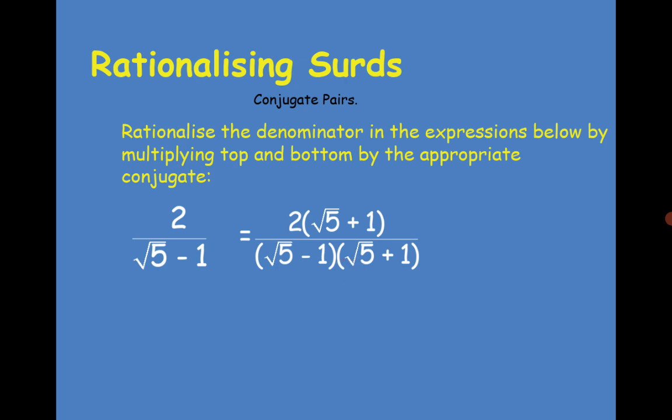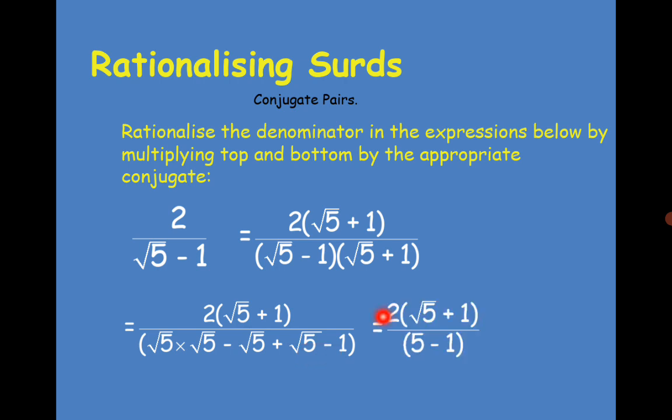So in this case, we shall have something like this. Notice that minus root 5 plus root 5 is 0. So in the end, you shall have something like this. You don't tamper with the top part there, but the bottom part, you see, we have managed to remove the root sign.